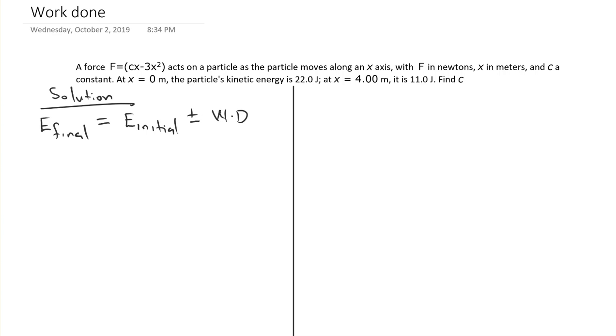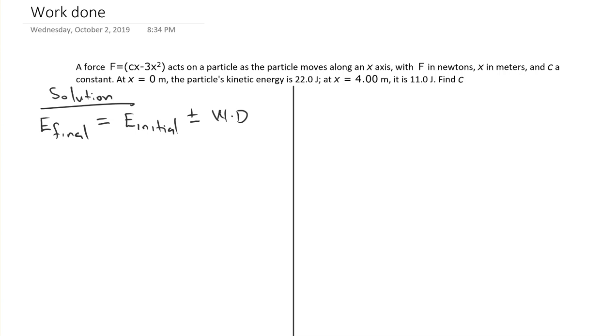It is a plus if work is done to the particle or the body, and it's a minus if the work is done by the particle or the body. In this case, the work is done to the particle by this variable force that is acting on it.